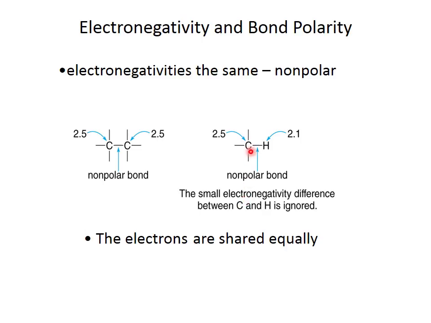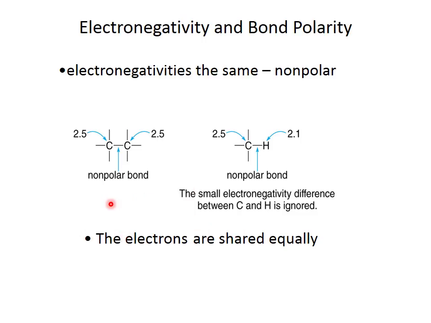So the symmetry negates any difference that there might be in electronegativity. So as far as you're concerned, you can either say carbon-hydrogen bonds are nonpolar, and I'm happy with that, or you can say they're very slightly polar because of this difference. It's not a big deal.